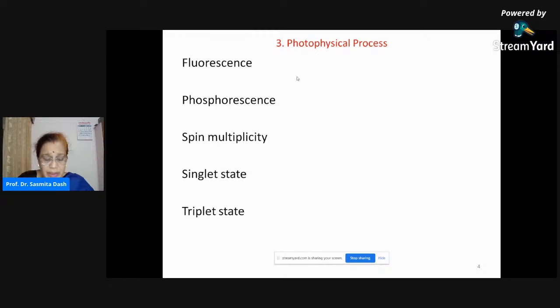But sometimes the light absorbed is given out slowly, and even after removal of the source light, the emission goes on. Such an example is that of phosphorescence. All these things are well explained in our diagram called the Jablonski diagram.